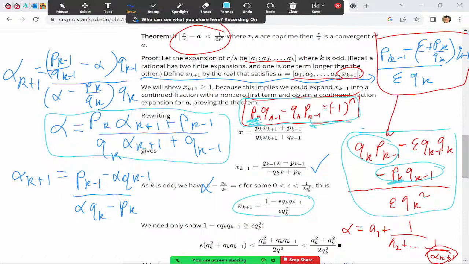Wait, what? I got plus 1. Oh, wait, no, it's negative because of. Wait, what? Am I tripping? Oh, maybe they negative first. Okay, I'll keep it. Minus qk squared. Okay, I got the qk squared epsilon. And then that becomes minus qk. Was that cancelled?